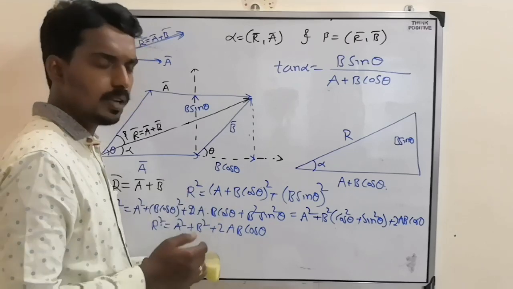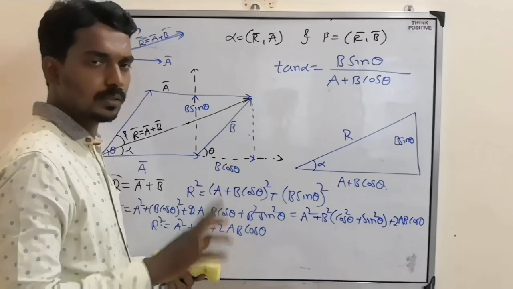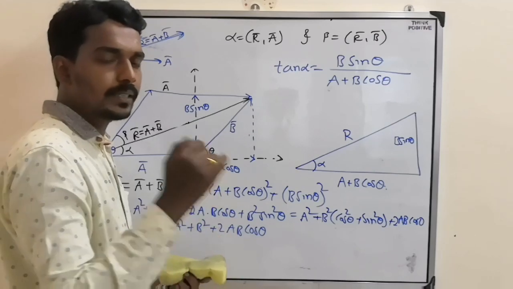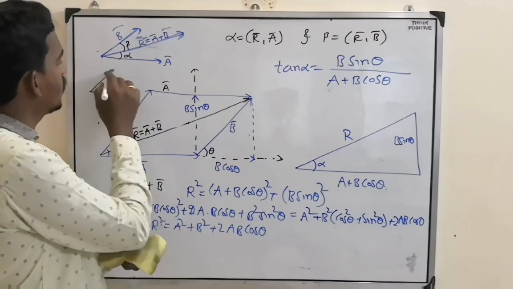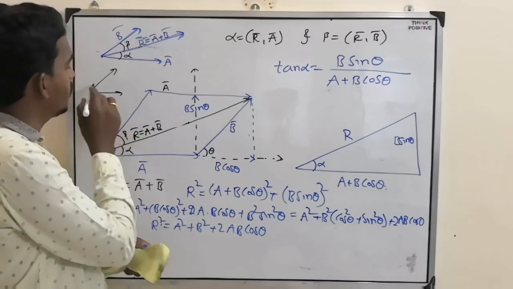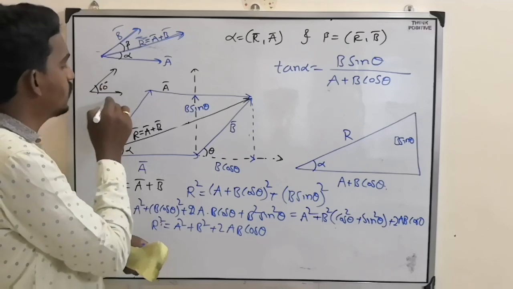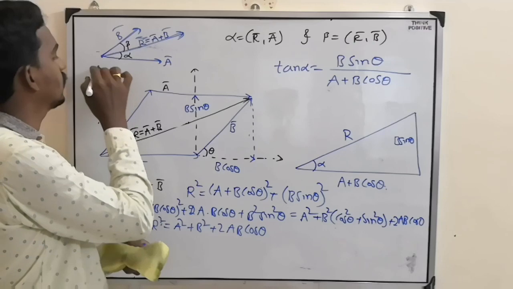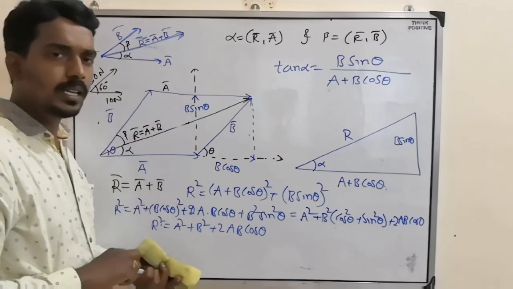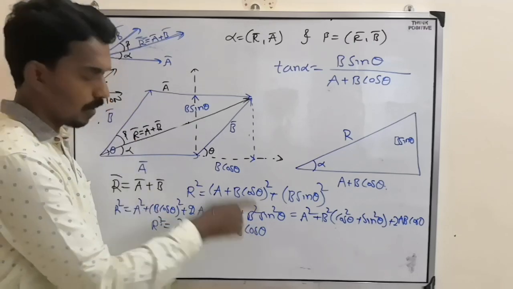They have given, suppose, 10 Newton, 30 Newton, two forces acting at 60 degrees. What I said? One is 10 Newton, another is 30 Newton acting at 60 degrees. Then what is the resultant? You will apply this formula.